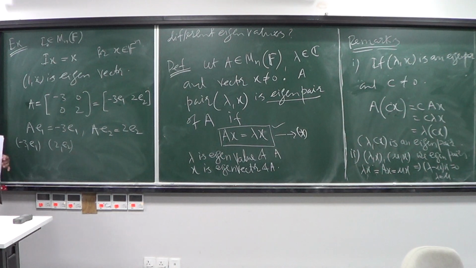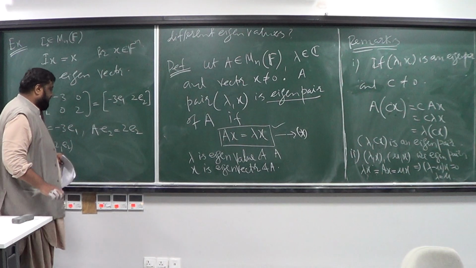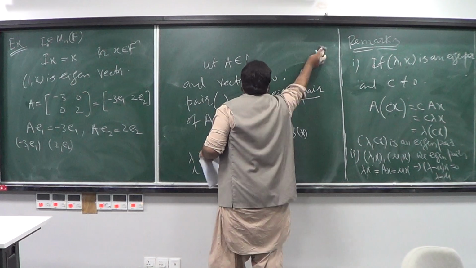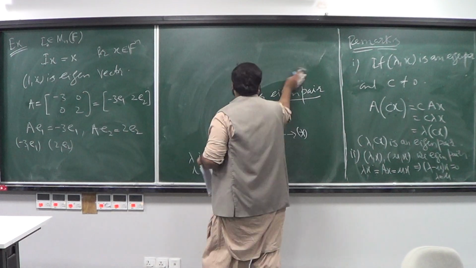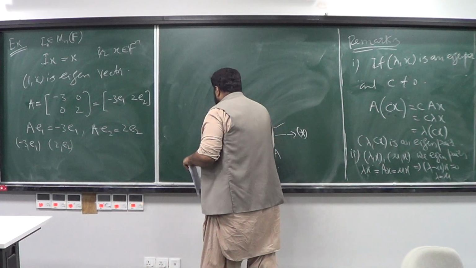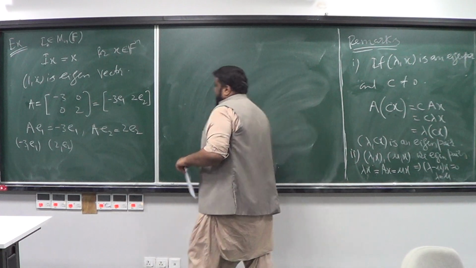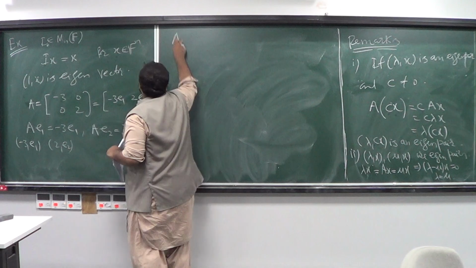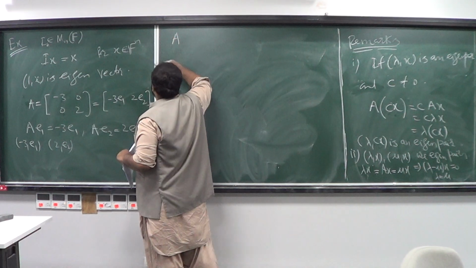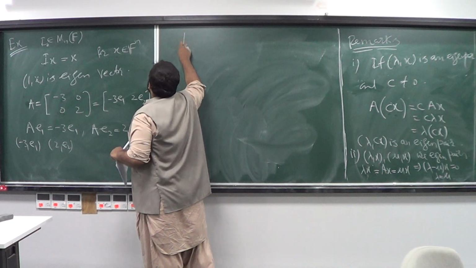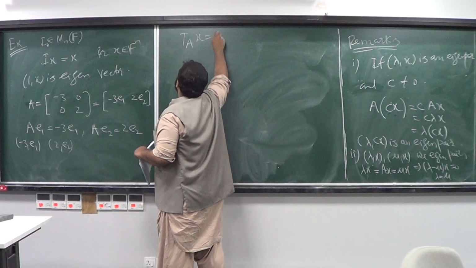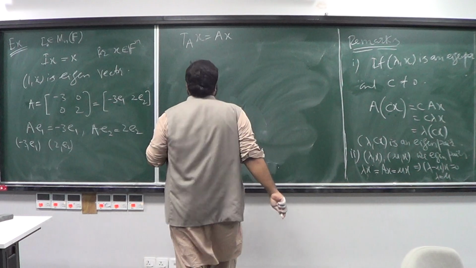But there's a very interesting visualization of this matrix. What would be the transformation corresponding to this matrix A? If I want to write the linear transformation corresponding to the matrix A, it's going to be the map x to Ax.